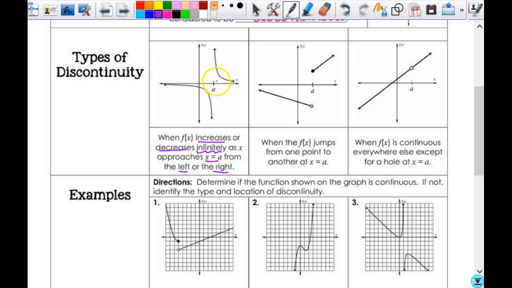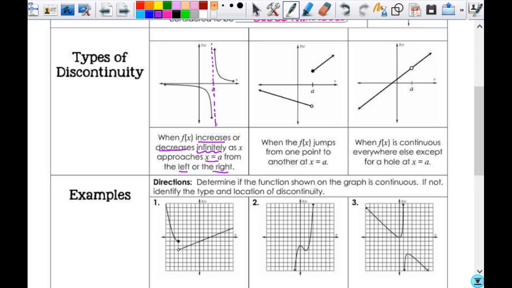So when I'm approaching it from the left, it's going to increase infinitely. So on that graph, what actually exists on the graph at x equals a that's not drawn in? An asymptote. Very good. So there's an asymptote here, right? So that's what makes it increase or decrease infinitely when it hits there.